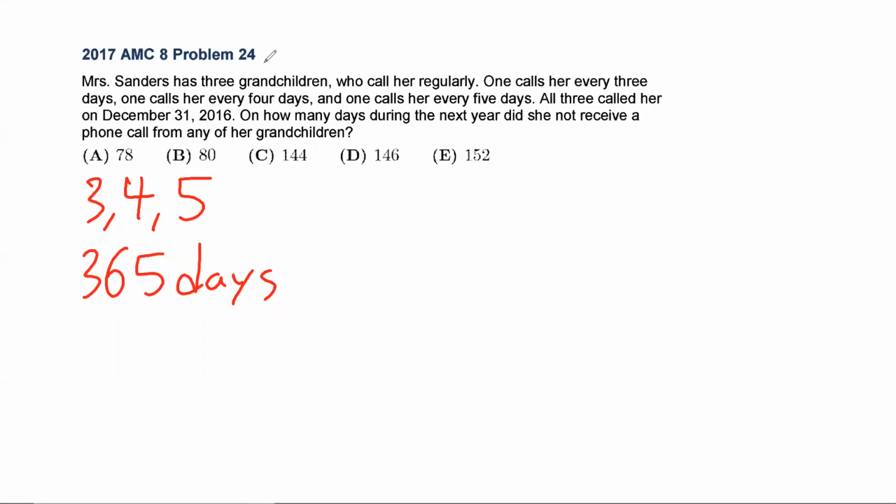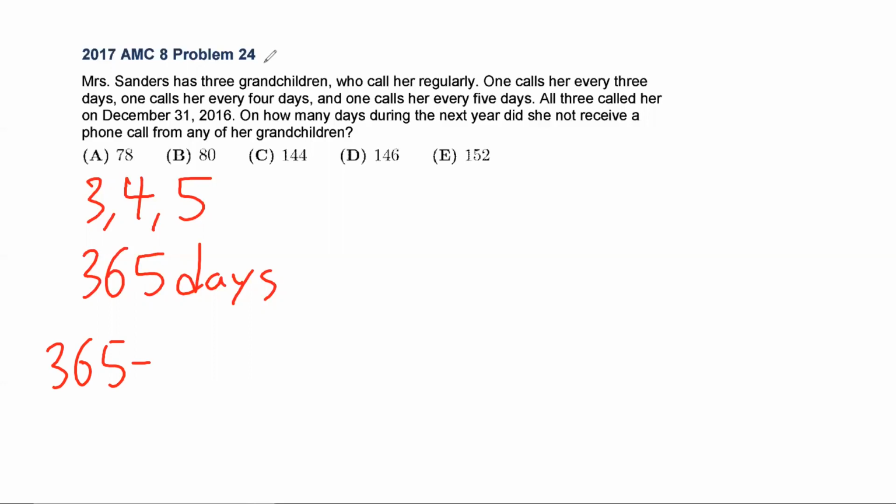So basically, let's take our 365 days, and we're supposed to subtract off the ones where they do call her, since they're asking for the ones where they don't call her.